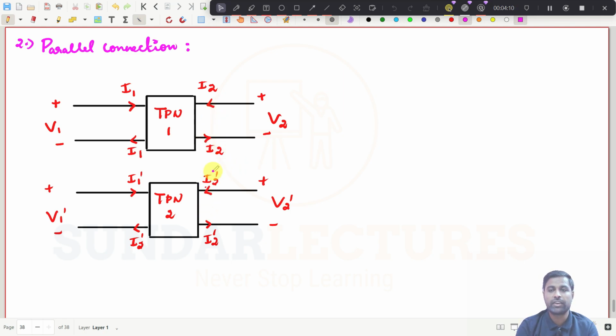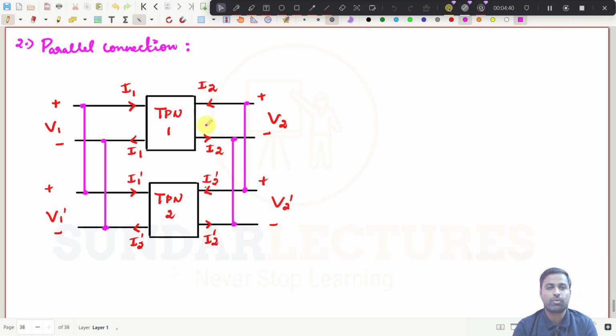Now we are going to connect them in parallel. You connect this point with this point, and this point with this point. This is one connection, and you connect this plus with this plus, and this minus with this minus.